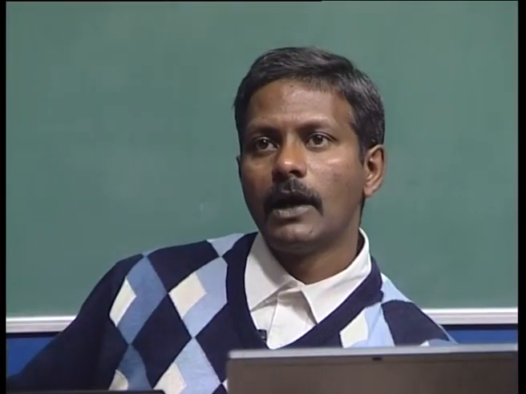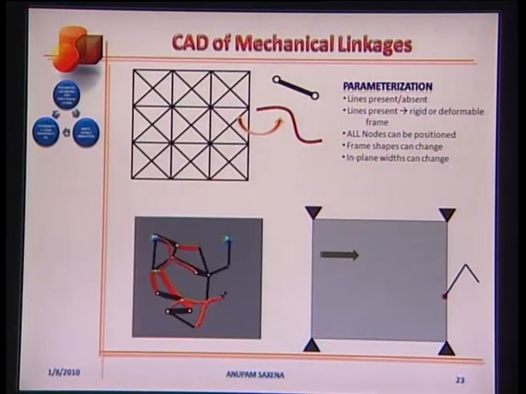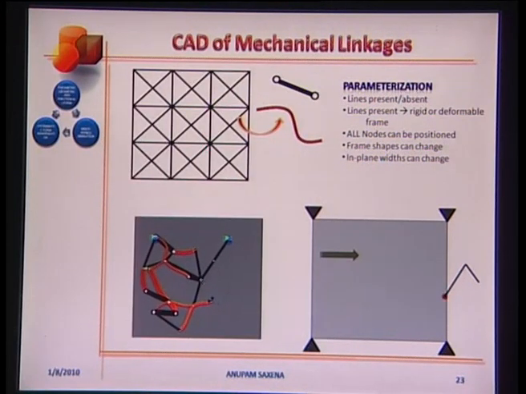Let's find out how the mechanism for the design on the left looks. Once again, the black members are rigid members and the red members are deformable members. Hinges are shown via the white circles.